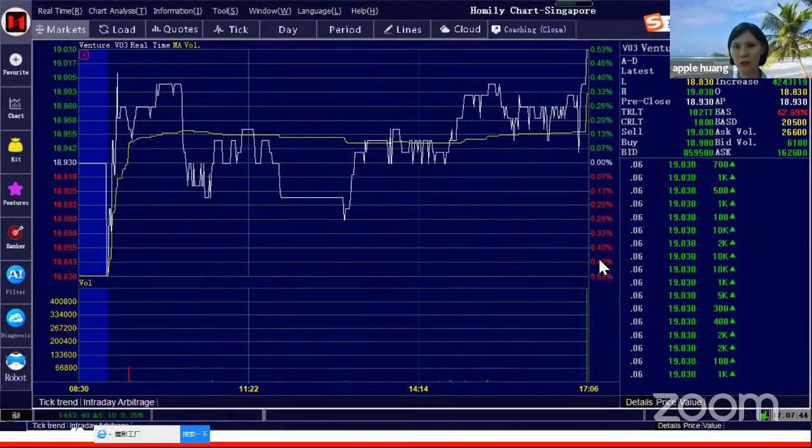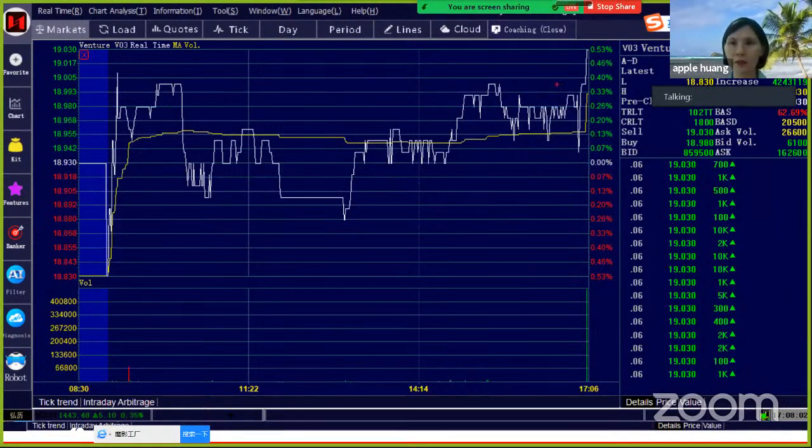This scale will tell you the price compared to yesterday's closing, what is the percentage of change. So here, it will tell you the percentage of change.